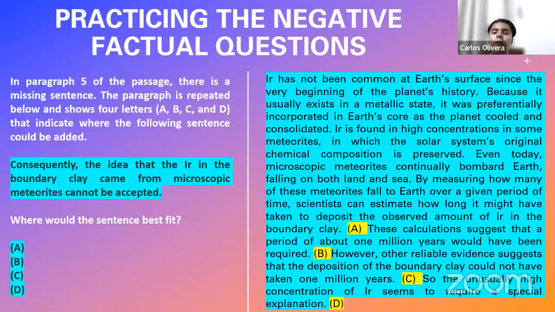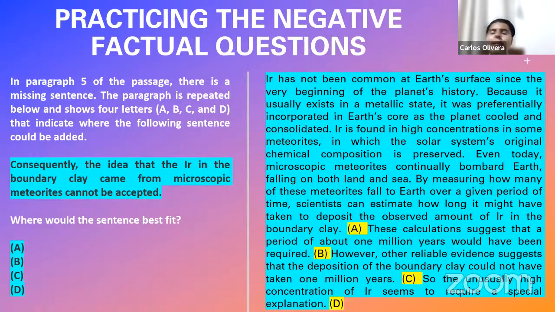Therefore, at the end of the paragraph, if you noticed, they say, okay, therefore, we need to look for another explanation that helps us to respond to the question of why we have so much concentration of this element in our planet. So they propose a hypothesis, they explain the hypothesis, and they question the hypothesis, they cast doubt upon the hypothesis, and at the end, they discard the hypothesis. That is what this paragraph is all about, right?